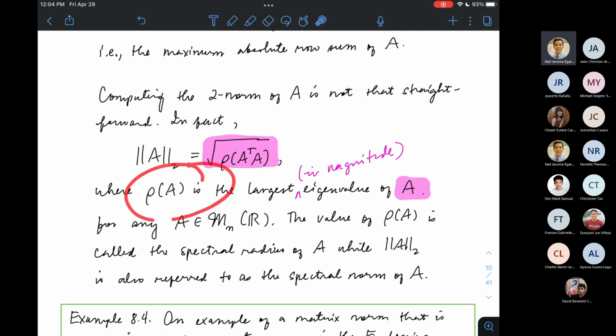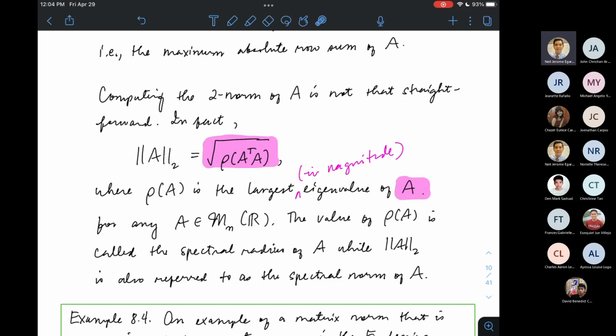So yung rho of A, siya na talaga yung spectral radius, which is the largest eigenvalue of A in terms of magnitude. Tapos yung two norm is the square root of the spectral radius of the matrix A transpose times A.